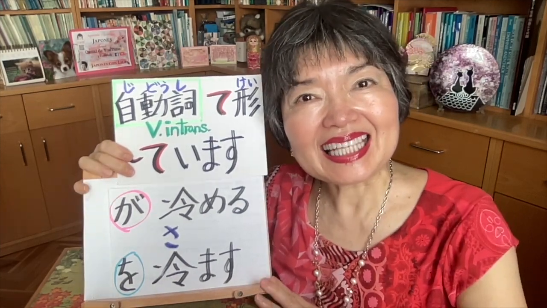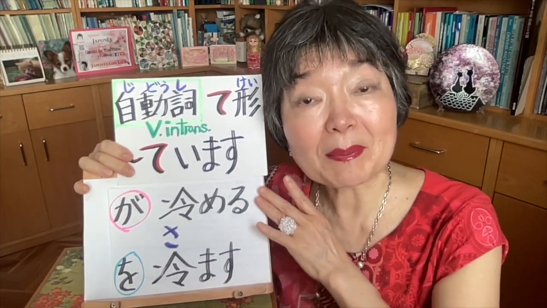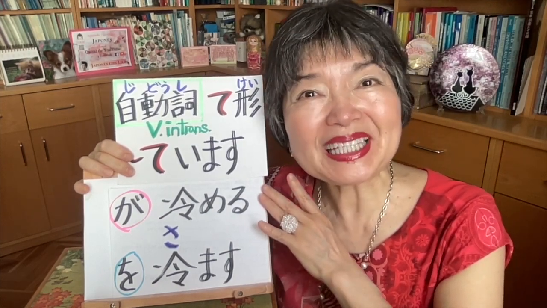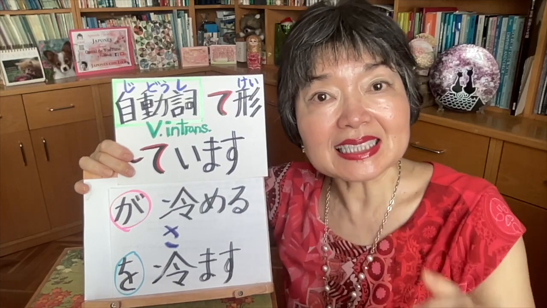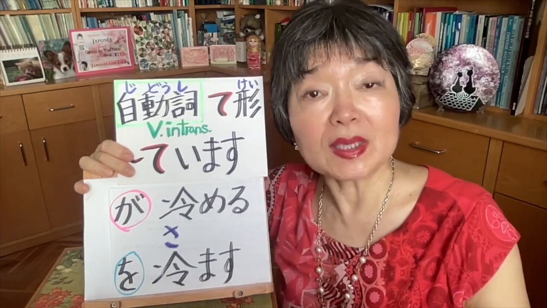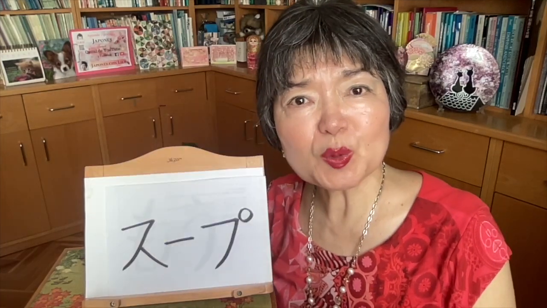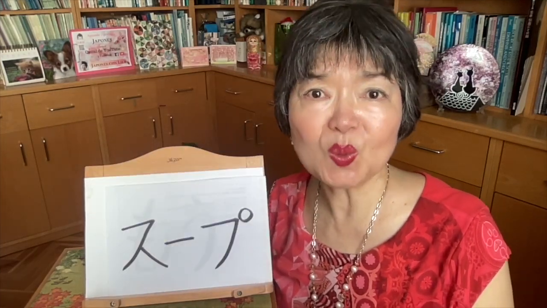So in this case, the intransitive verb is sameru. So we can say something が冷めています。It means this is the state. It's cool, it's cold. It's not hot anymore. This soup is already cold.